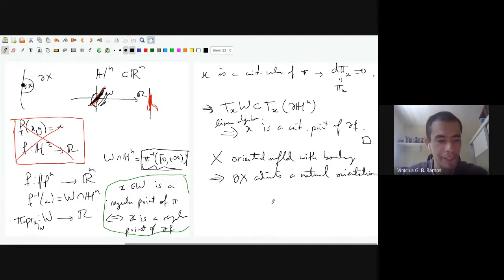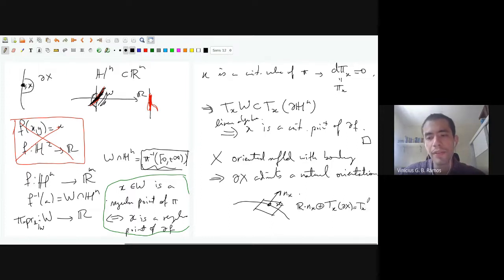And the orientation was given like this. For a point on the boundary, you look at the outward pointing normal, and if you take the direct sum with the tangent space to the boundary, that gives you the tangent space to the whole manifold.